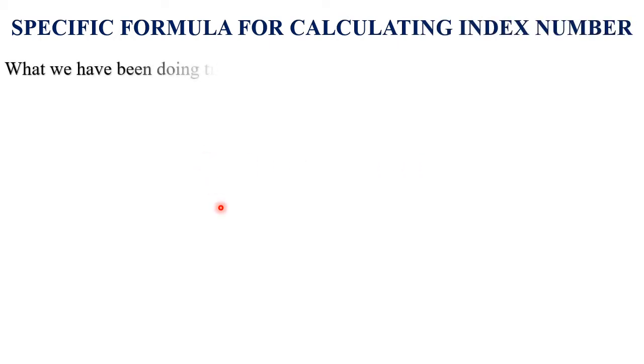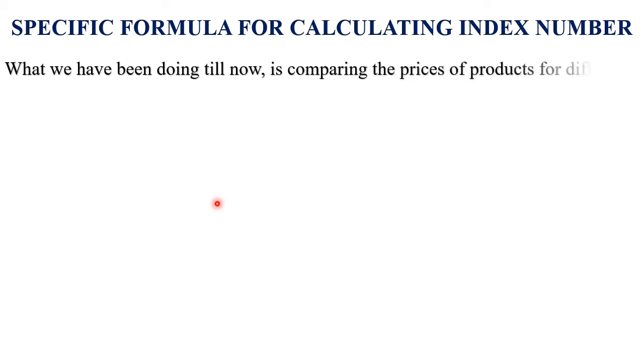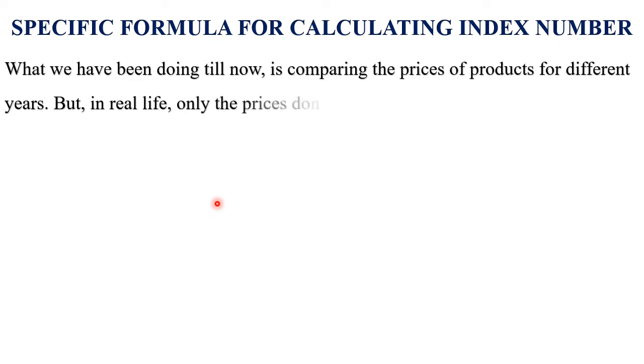What we have been doing till now is comparing the prices of products for different years, but in real life only the prices don't decide the changes in values. Just on the basis of prices we can't decide whether this product is useful for us or not, whether the changes in the prices of that product will affect us or not.